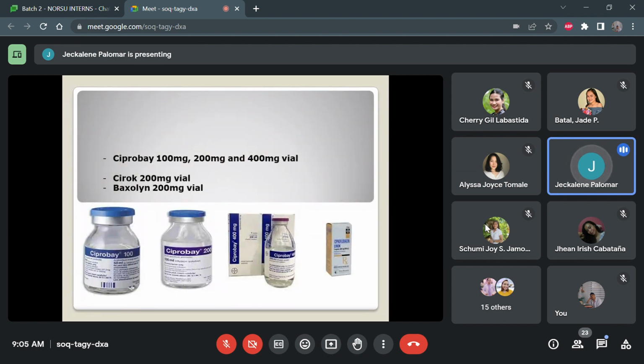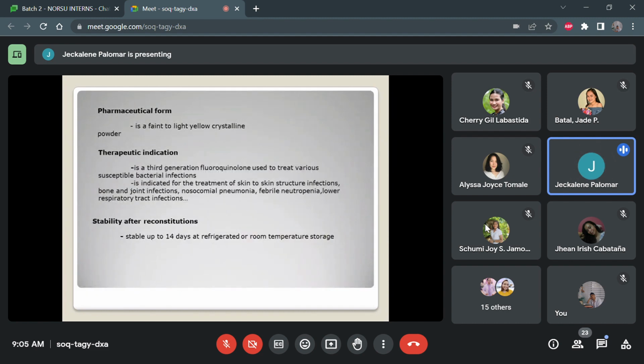The example brands for ciprofloxacin: Ciprobay 1 gram, 200 and 400 milligram vial, Ceroc, Baxolin, Ceprogen. The pharmaceutical form is a powder, in a vial. It is a faint to light yellow crystalline powder.